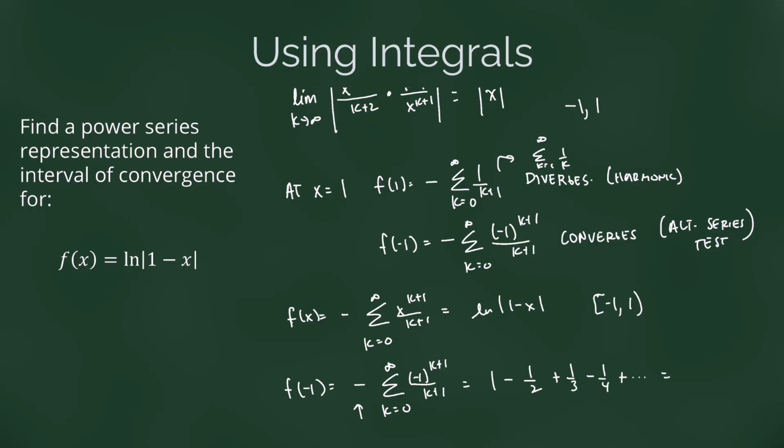But that's equal to the natural log of 1 minus -1, which is the natural log of 2. So we have this expansion of the natural log of 2 as 1 minus 1/2 plus 1/3 minus 1/4, and so on and so forth, which is interesting, I think.